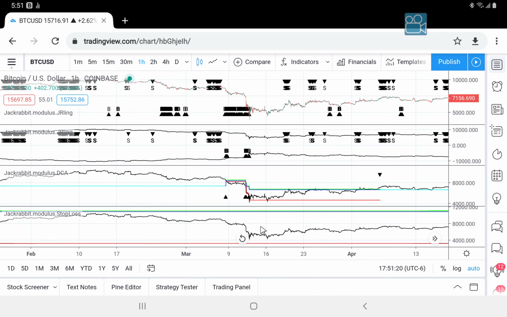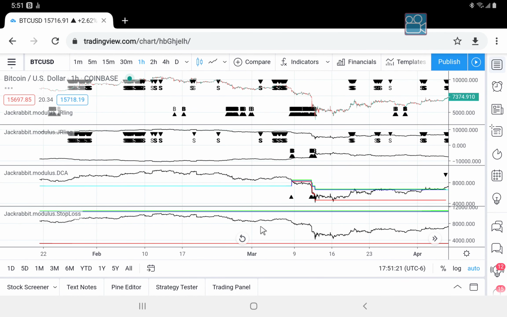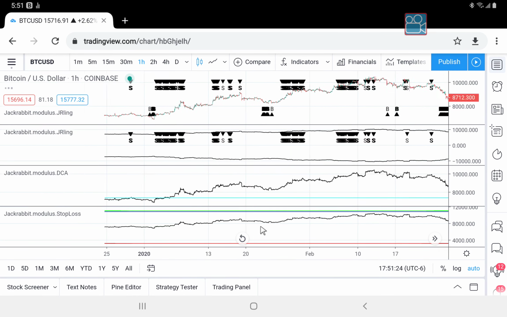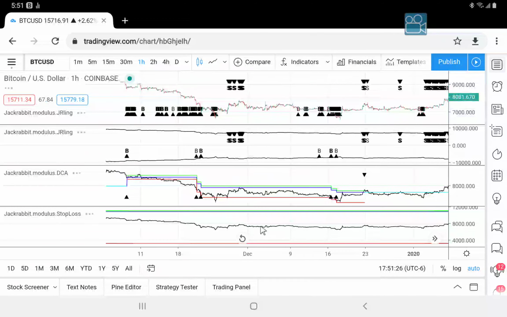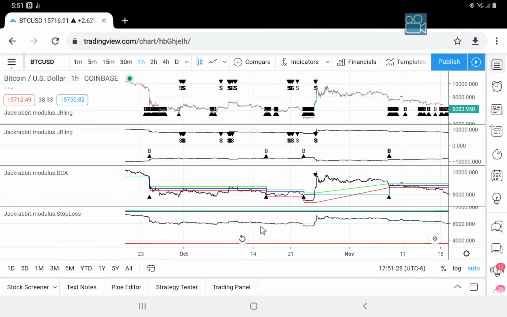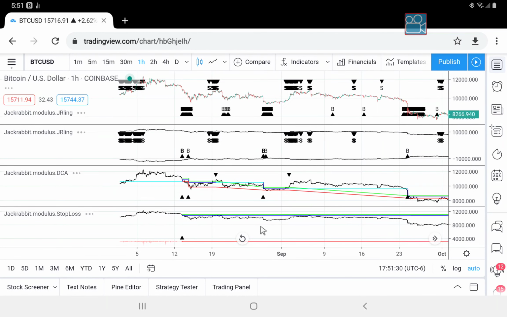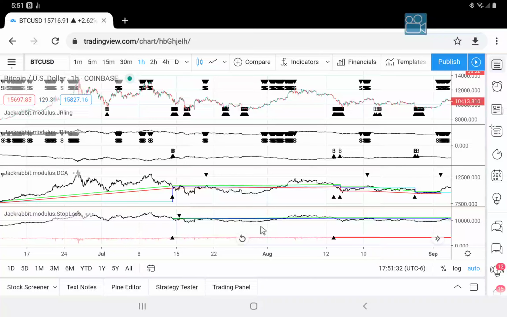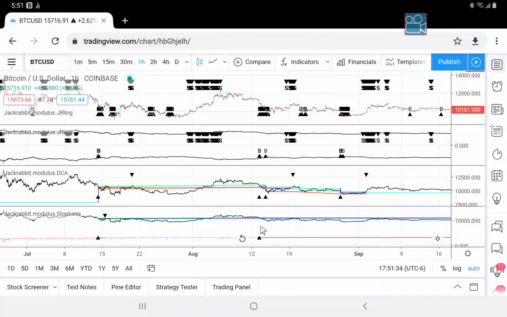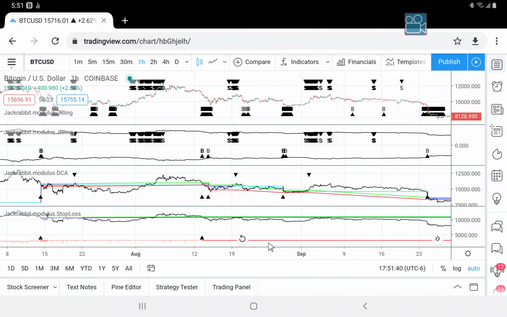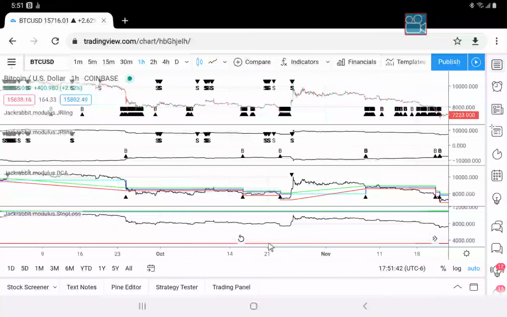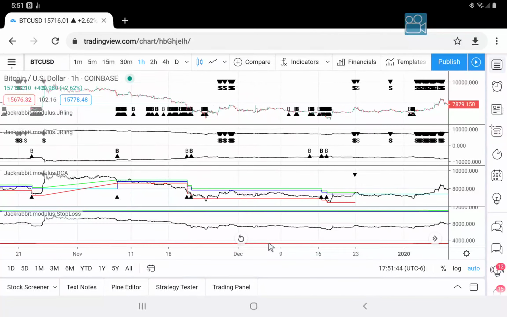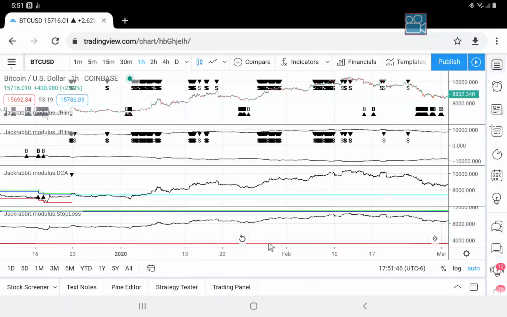Now, if you had a stop loss, the stop loss harvesters would not have gotten you. It would have been a nasty little process to wait this out, since you would have gotten in at August of 2019. And it would have sat here and cooked all of this time if you used the settings.